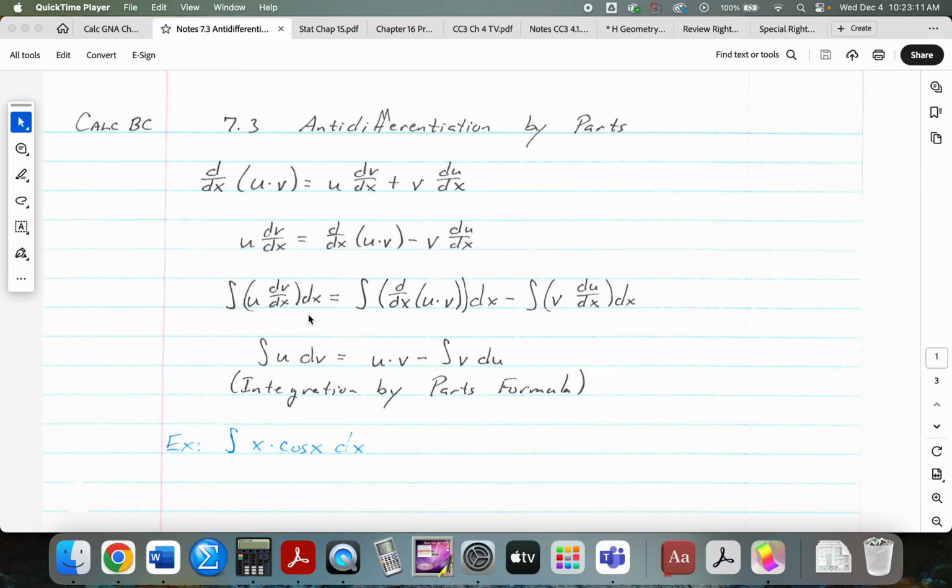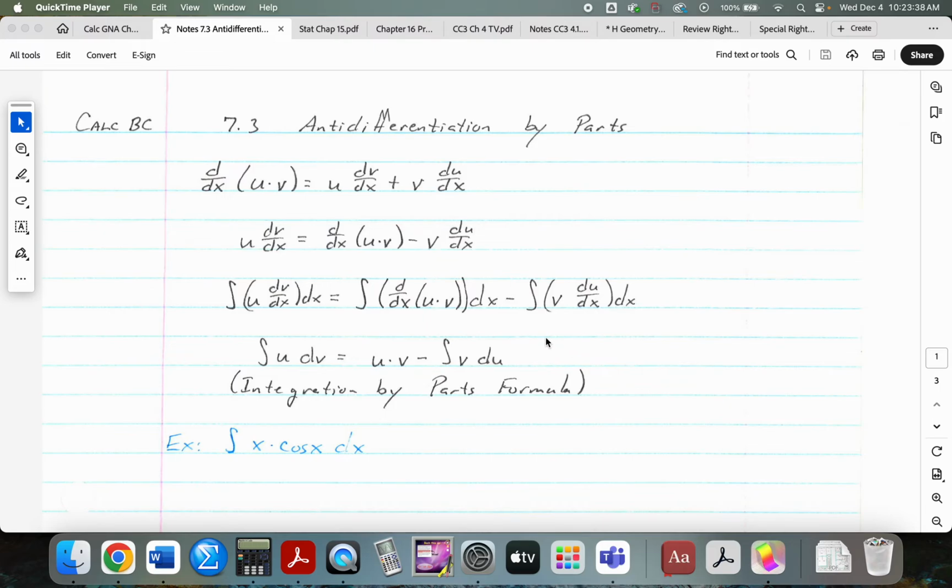This is part of the genius of using differentials for these things. You get the integral of u times dv is equal to the derivative of u times v, and then we're taking the integral of that. Well, that gets us back to u times v. And here again, imagining that those dx's cancel, we have minus the integral of v du.